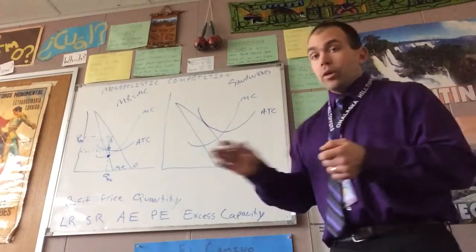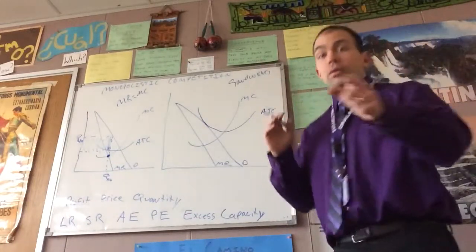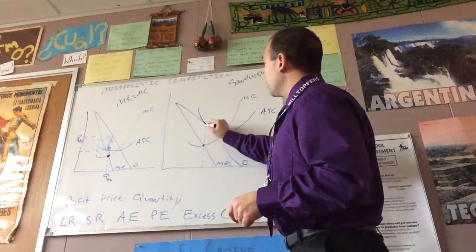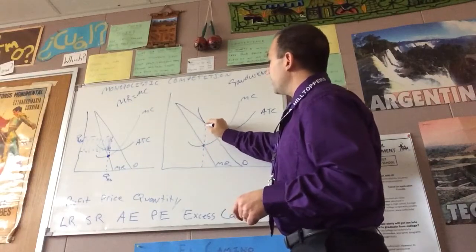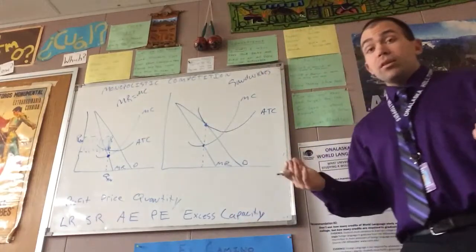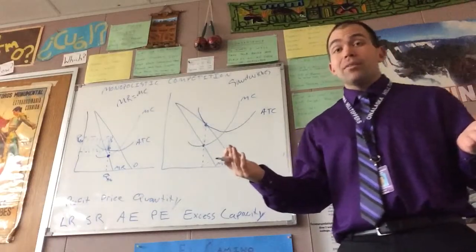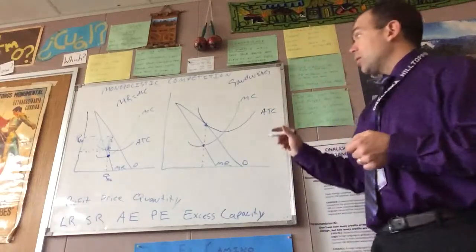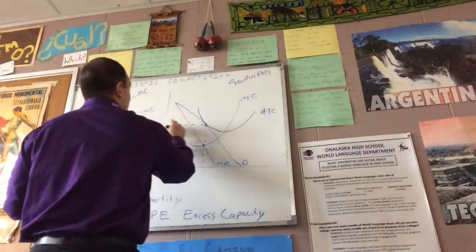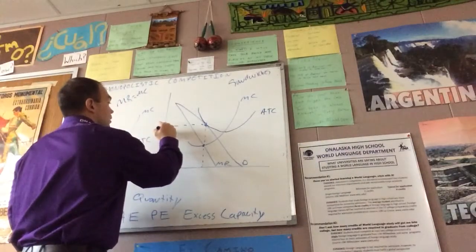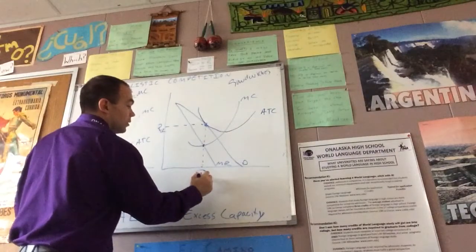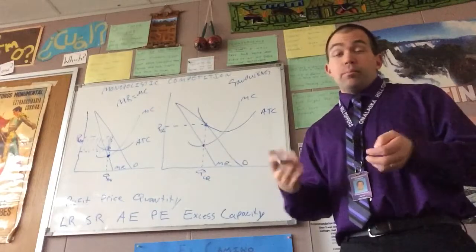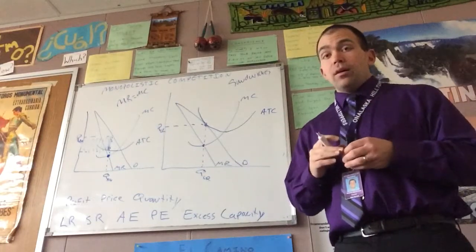So where do they produce? MR equals MC, right there. And we go up here. Oh look, how sneaky, the ATC is right there. So there's no economic profit. That's the long run, different from perfect competition. So we have the long run price and long run quantity. The ATC and the actual price are the same and they meet.